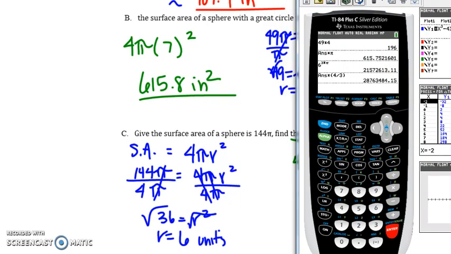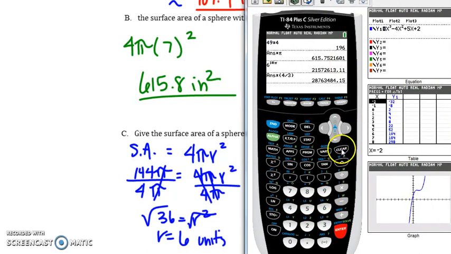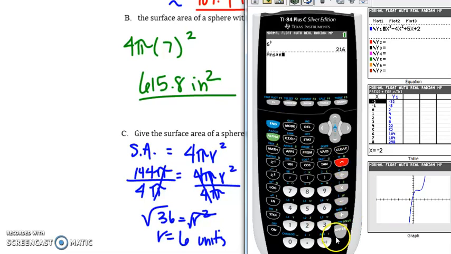Oops, and it kept going on that one, so I've got to go back. Hold on. 6 to the 3rd, enter, there we go, times pi, enter, and then times, in parentheses, 4 divided by 3, 4/3. There we go.